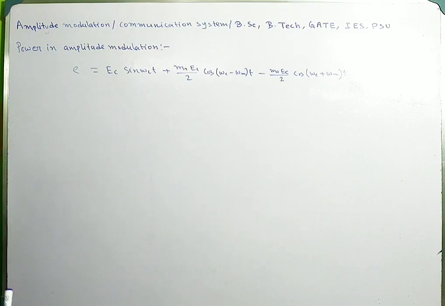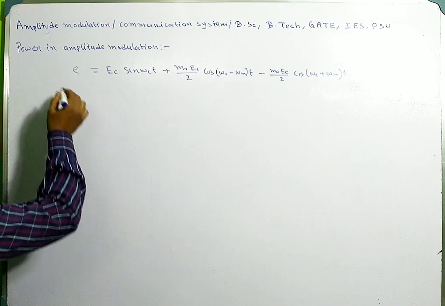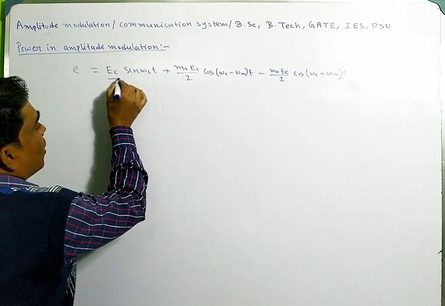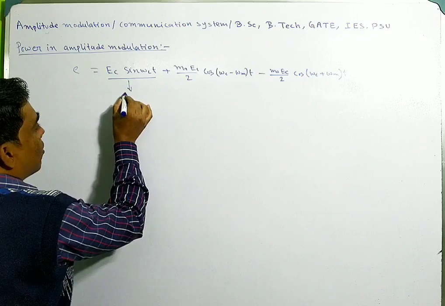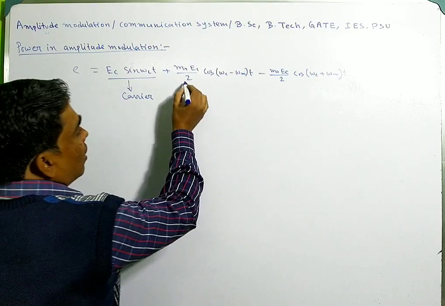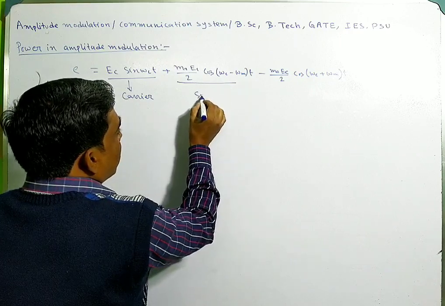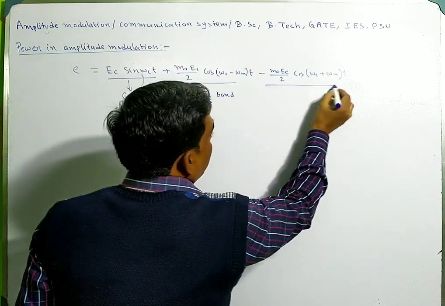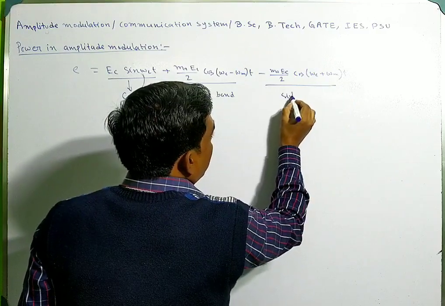Now we will discuss the power in amplitude modulation. There are three terms. This is called the carrier wave, and this is called a sideband, and this is also called a sideband.